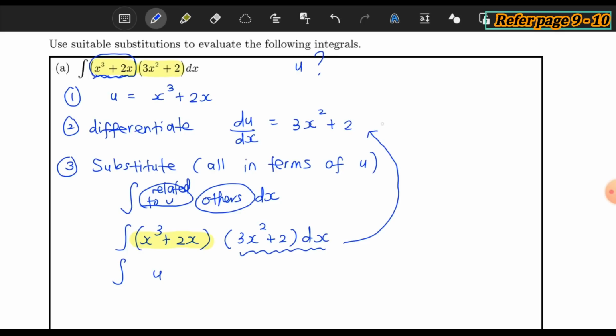If we rearrange the derivative, we will get 3x squared plus 2 dx equal to du. Meaning that we have integrate u du. Okay?